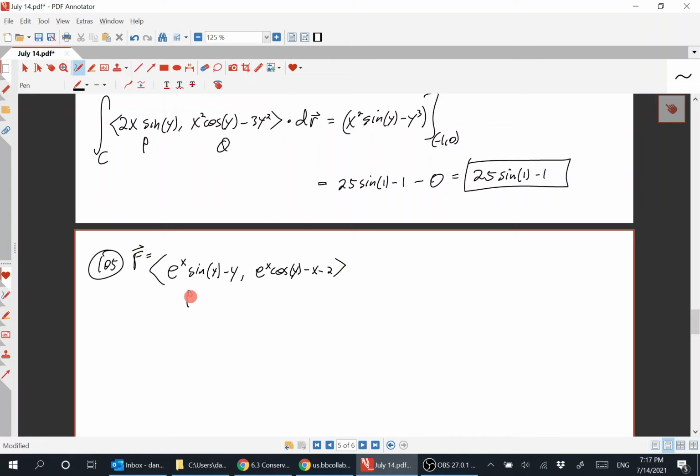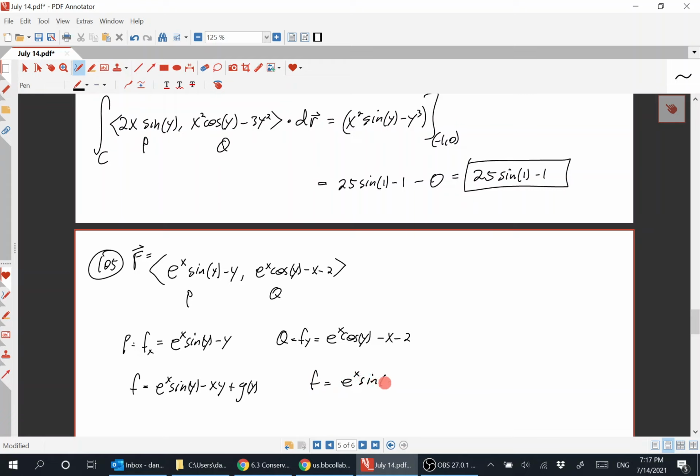So this is F. So this is P, this is Q. So P is supposed to be the antiderivative with respect to x, which is e to the x sine y minus xy plus g of y. Right, that's the arbitrary constant. And then Q is e to the x cosine y minus x minus 2, and Q is supposed to be the partial derivative with respect to y. So this says that f is equal to e to the x sine y minus xy minus 2y plus h of x.